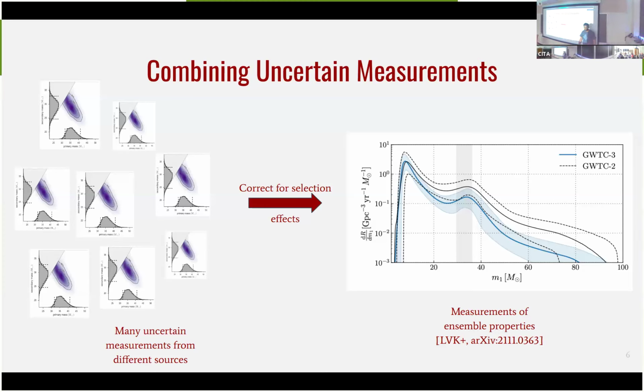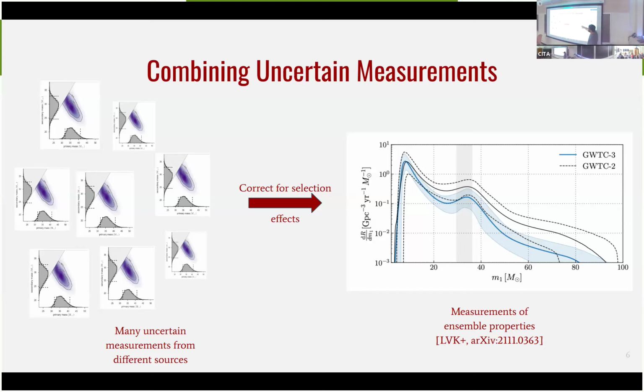So these are constraints from the most recent LIGO-Virgo collaboration paper for the population properties of black holes. And as you can see, this curve is already sort of interesting, especially around this 35 solar mass peak.